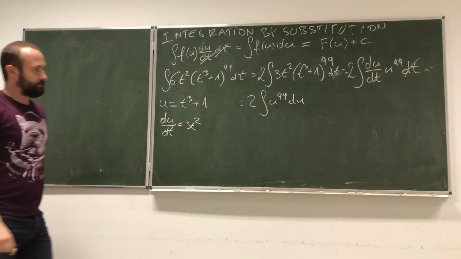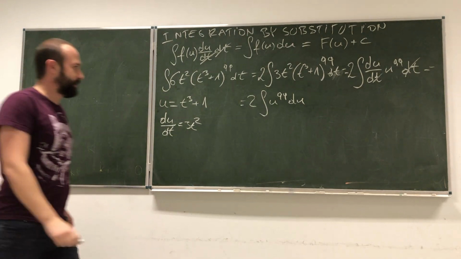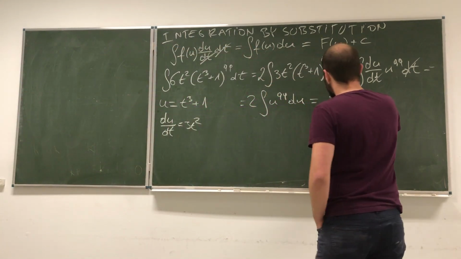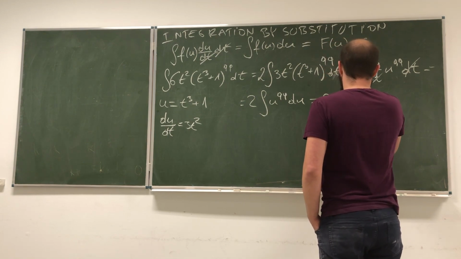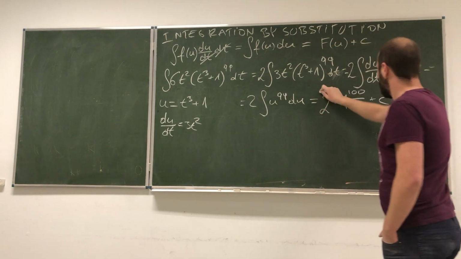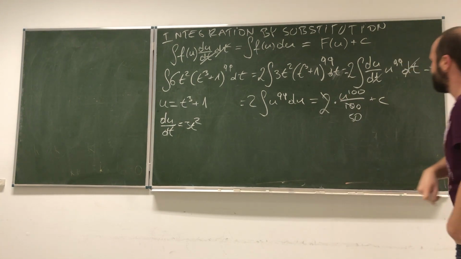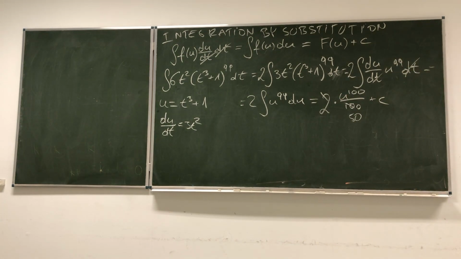And this integral is extremely easy to calculate because we get that this is 2 times u to the power 100 divided by 100 plus c. Now of course those two cancel each other out and we get 50 in the denominator.